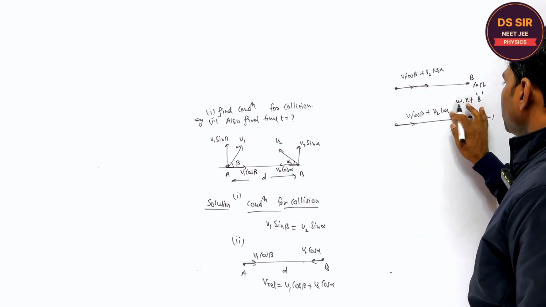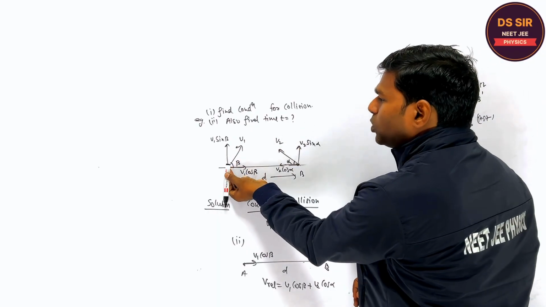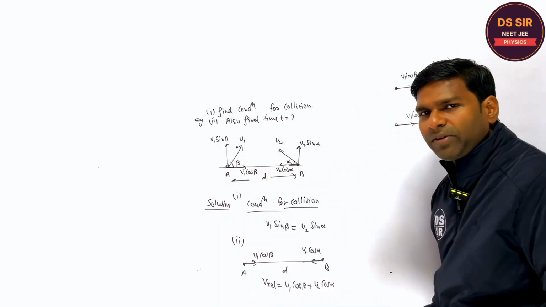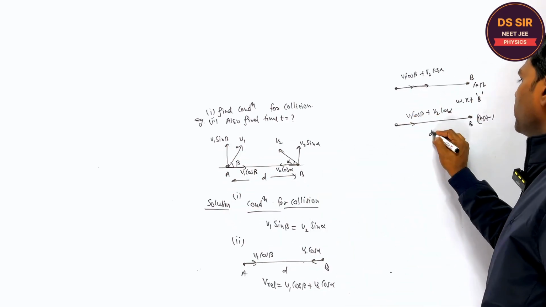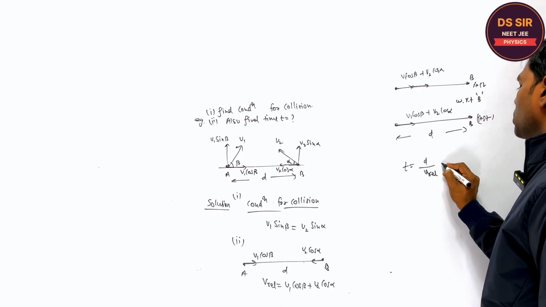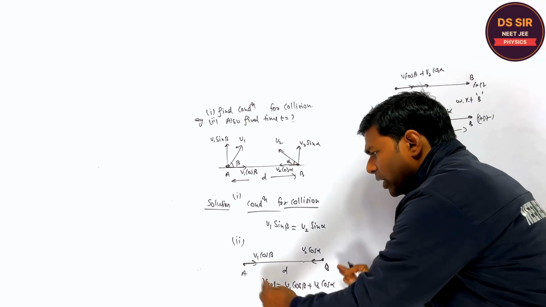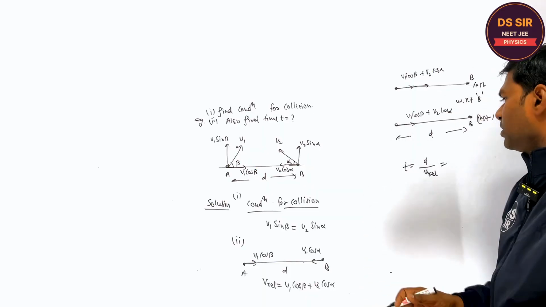And listen, one thing: v2 sin alpha will cancel out v1 sin beta, so only the velocity along the line remains. If this is d, what is the time? Distance upon velocity. What velocity? Relative velocity. You can also write directly that if they are moving in opposite directions, the relative velocity is added, right?